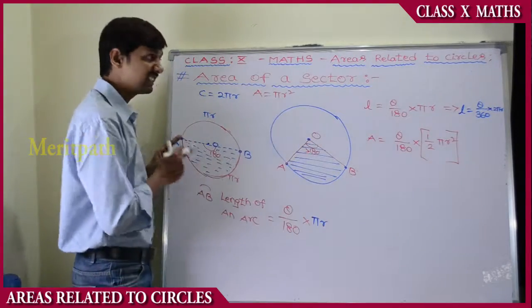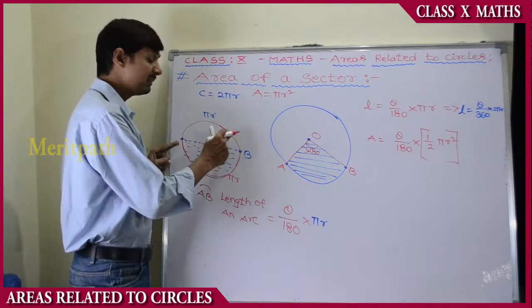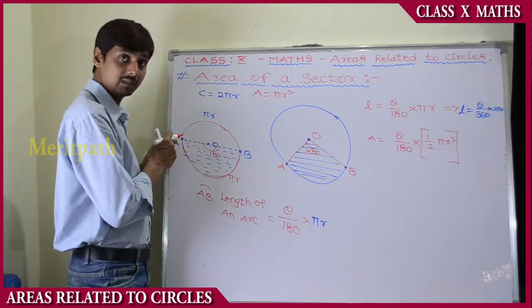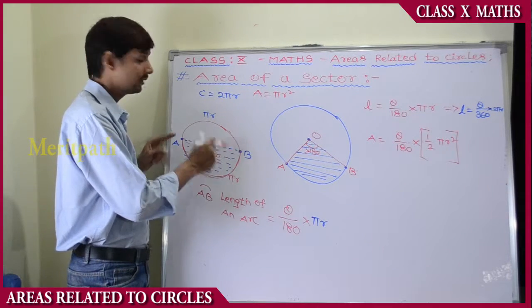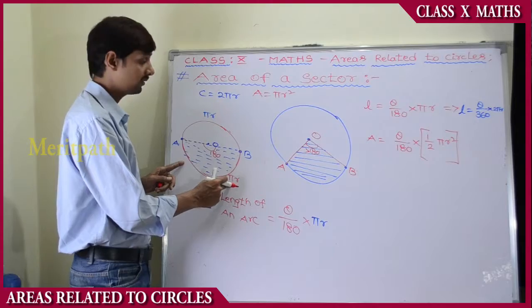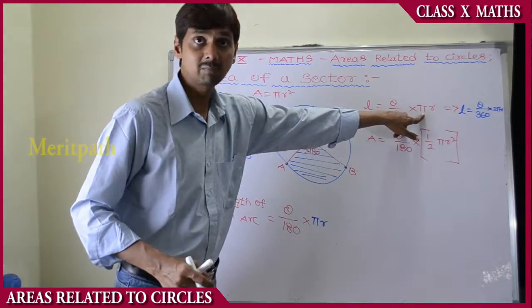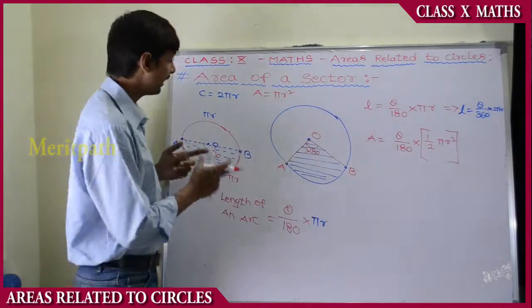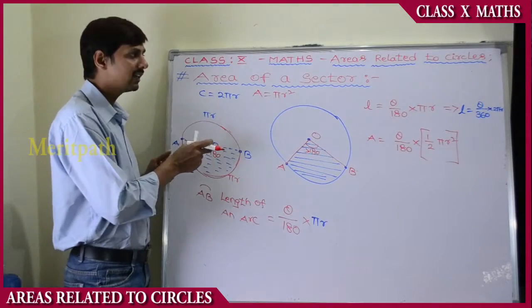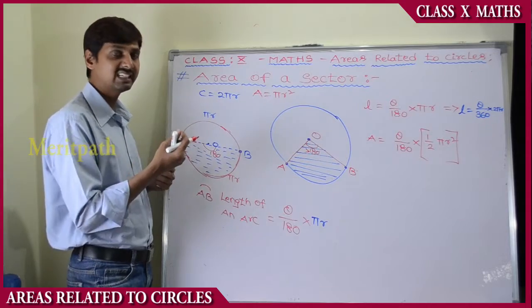So for the semicircle we took pi r, half of the perimeter of the circle, and the angle made by the arc is nothing but theta by 180 degrees.